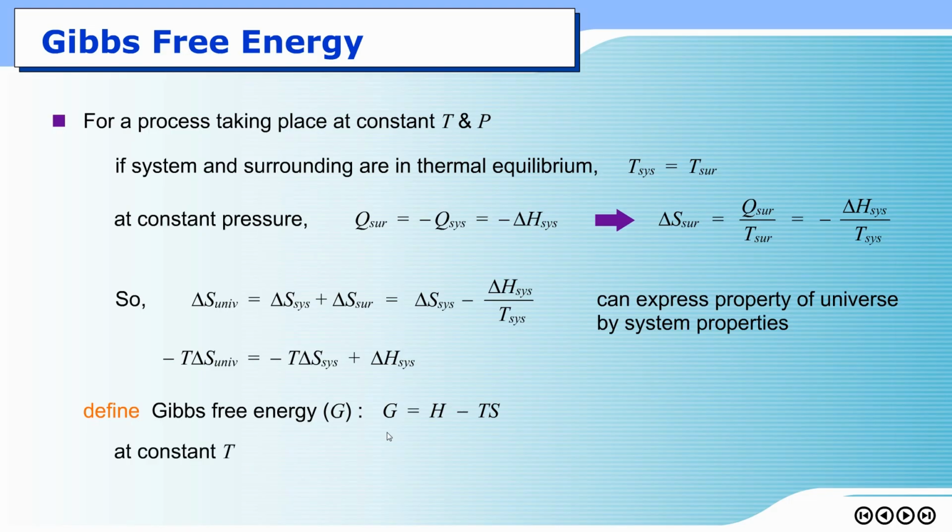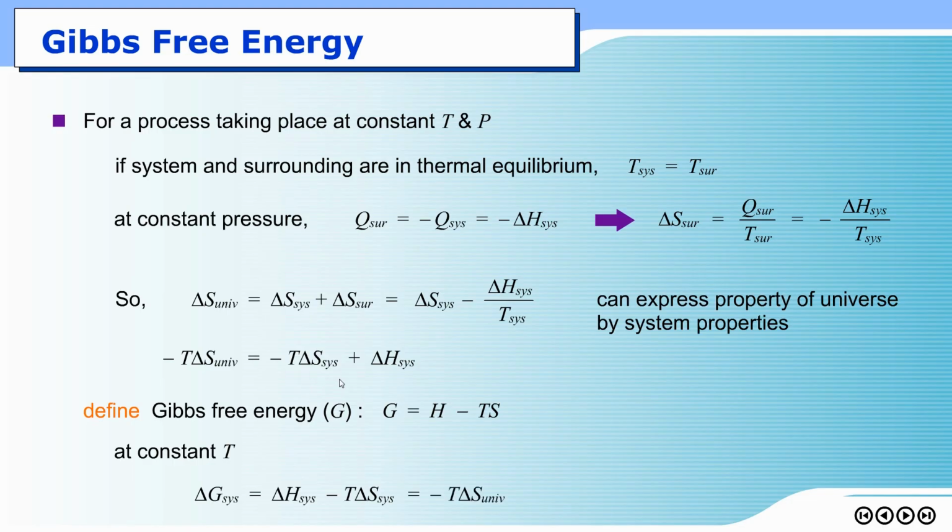If I take the delta, or take the derivative, under the condition of constant temperature, delta G of the system can be written as delta H minus T delta S. T is taken out of the delta here because T is constant under this condition. Then you can see that the right hand side is the same as the right hand side part of this equation.